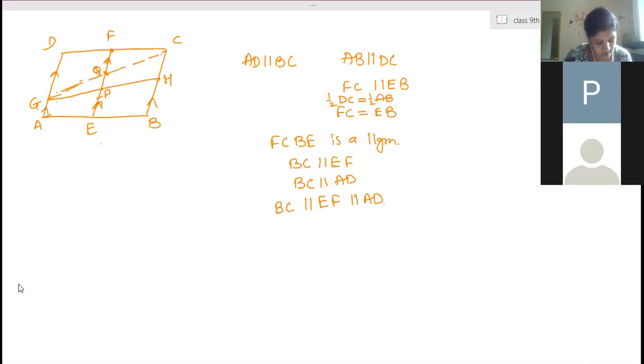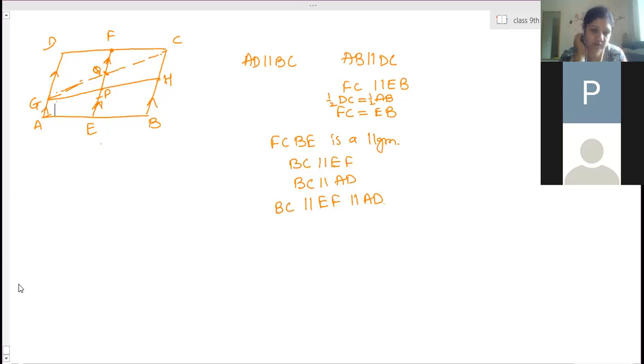Three. The same one is the fifth one. Join as Q. PQ is parallel to SR and MN is parallel to PQ. The fifth one is also exactly the same.